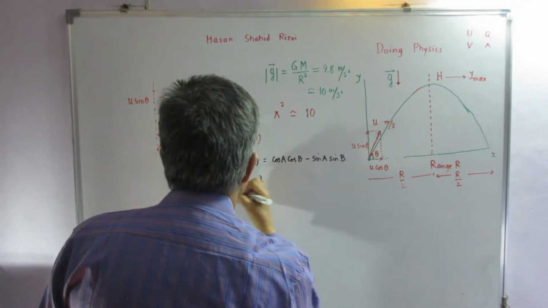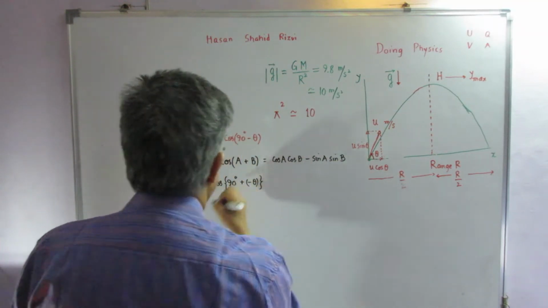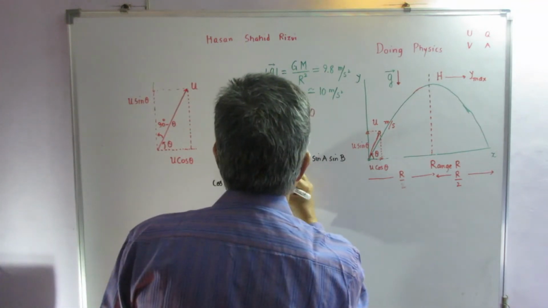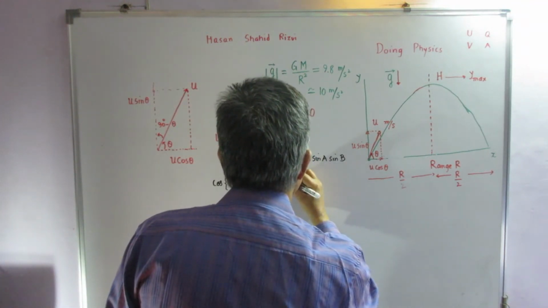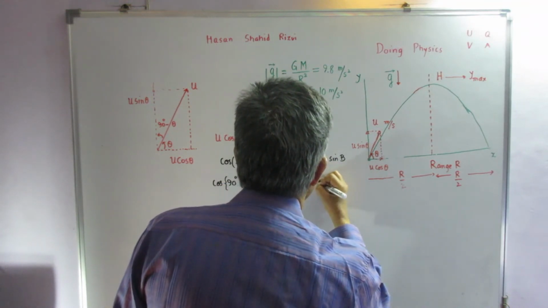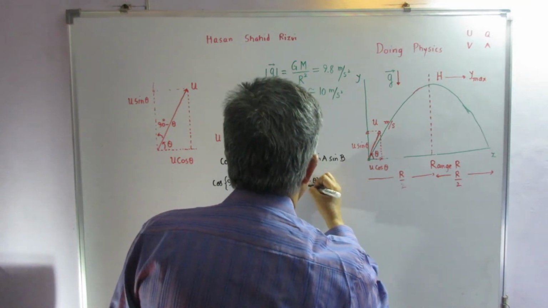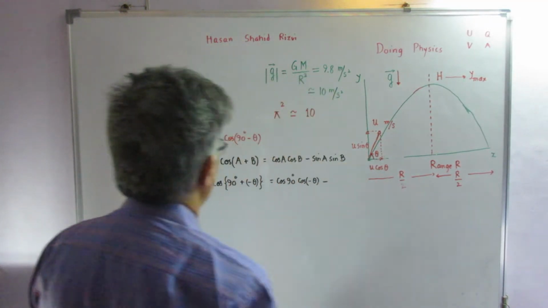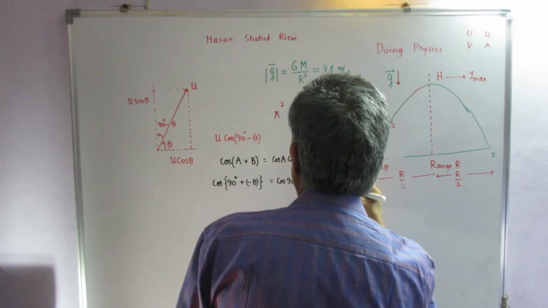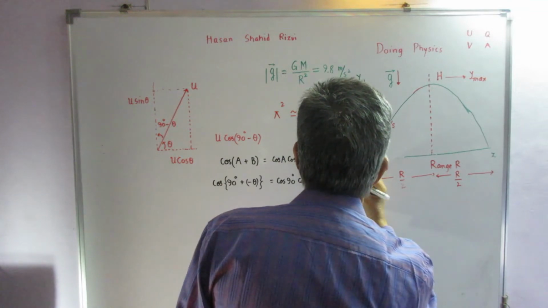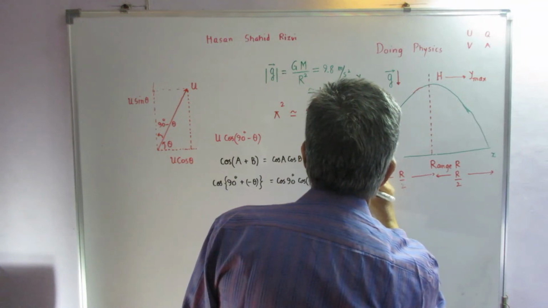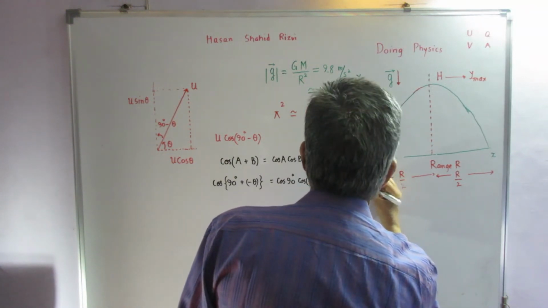We have these two angles together. So I will now write cos A, which is cos of 90 degrees, cos B, cos of minus theta, minus sine A, which is sine of 90 degrees, into sine of minus theta.